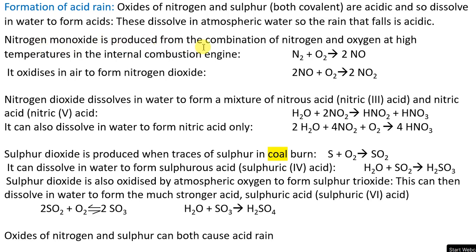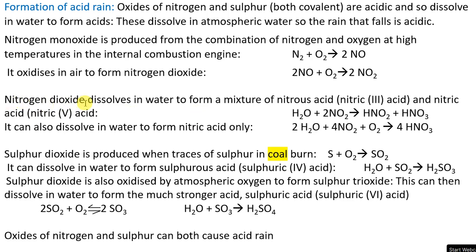Nitrogen monoxide is produced from the combustion of nitrogen and oxygen at high temperatures in the internal combustion engine. So as a vehicle moves forward through the air, the nitrogen and oxygen in the air combine to make nitrogen monoxide. This can then oxidize in air to form nitrogen dioxide.